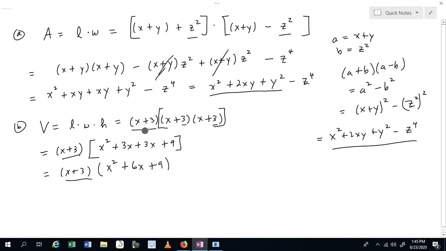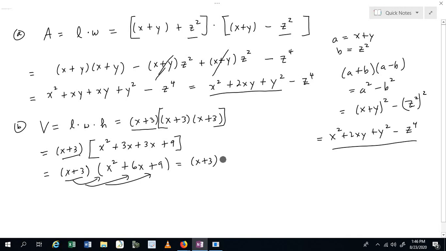And then now I'm going to multiply by this x plus 3 that sits on the outside of all that. Now, to multiply these out, we're going to do something very similar to foiling. We're going to distribute this x plus 3 to all three of those terms.